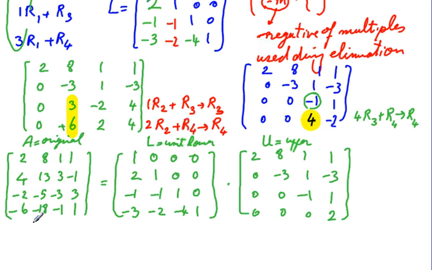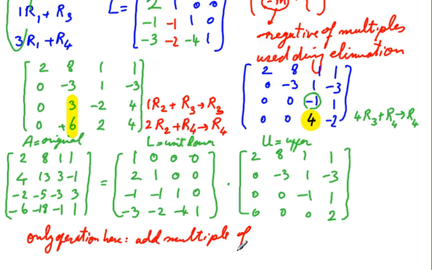So we keep in mind, only one type of operation we use, which was adding a multiple of a row to another row. We did not allow or have reason to exchange rows, and we can always stay away from multiplying a row by a number. The only operation, let's emphasize one more round: add a multiple of a row to another.